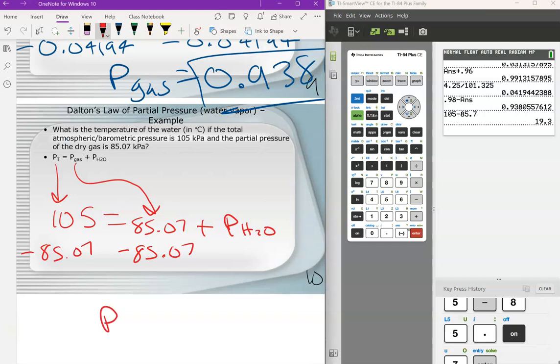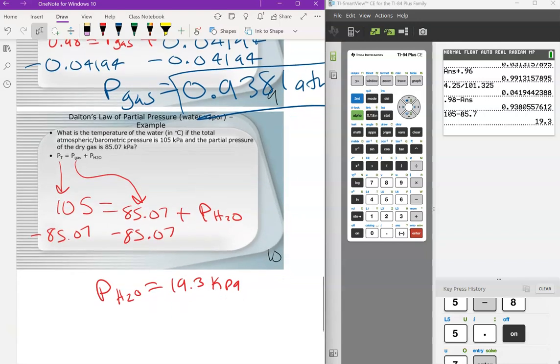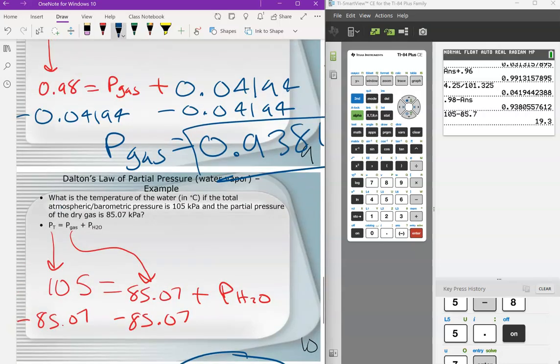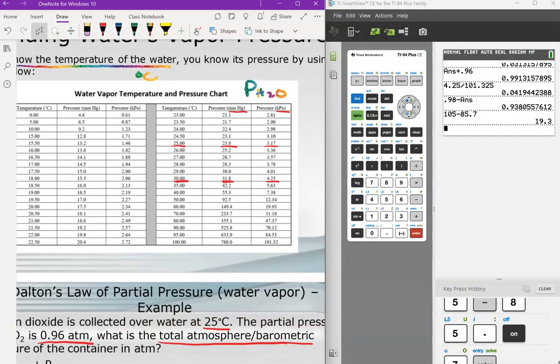That means that the pressure of the water is 19.3 kPa. Now I have to look on the chart for that pressure to see what the temperature of the water would be. So we're kind of working backwards here. We're finding this, and then we have to look for this on the chart in order to find the temperature, or whatever's closest to it.